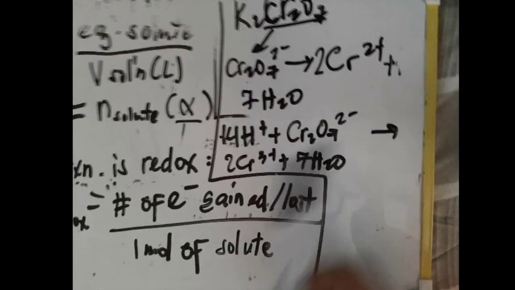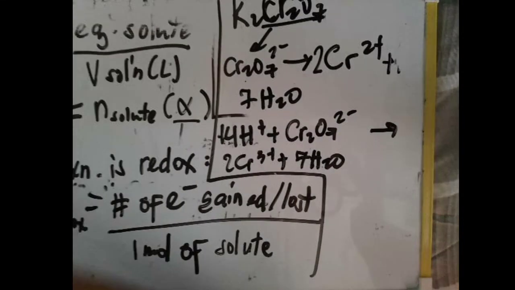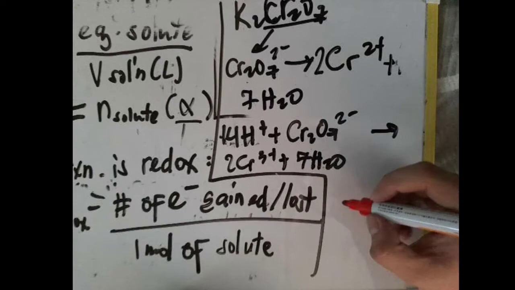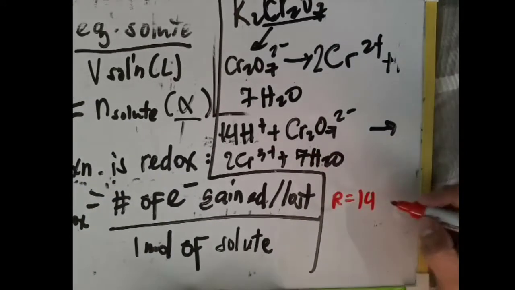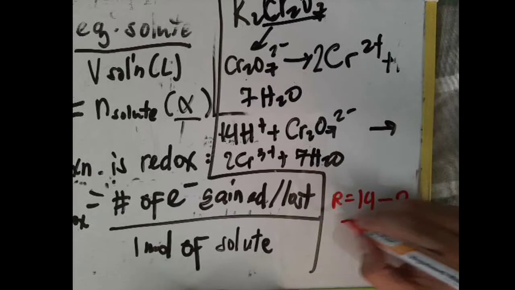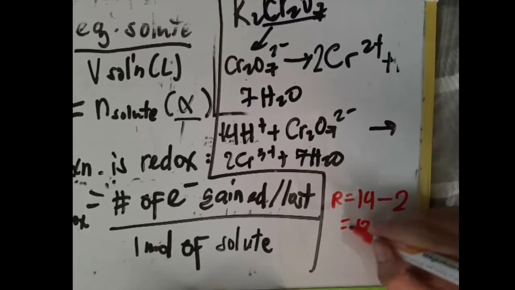On the reactant side, we have positive 14 due to the H plus cations, plus the -2 of the dichromate, which makes it positive 12.